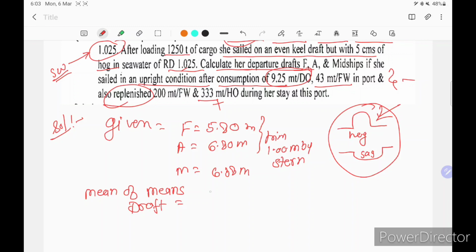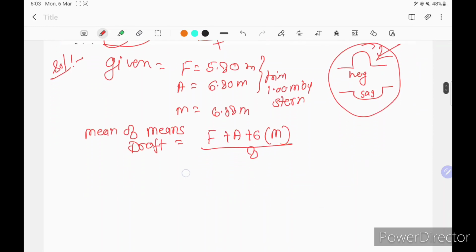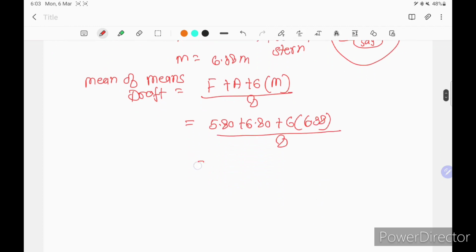So directly move to the step of mean of means draft. You remember the formula: forward plus aft plus 6 times midship, divided by 8. Put the values in the formula: 5.80 plus 6.80 plus 6 times 6.38, divided by 8. You would get the value 6.36 meter.